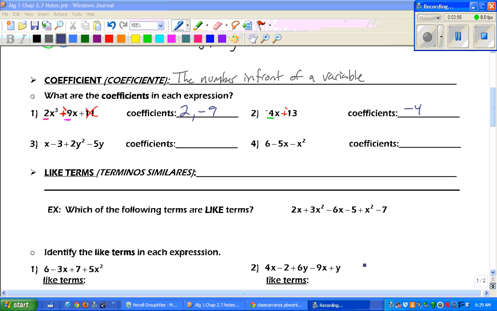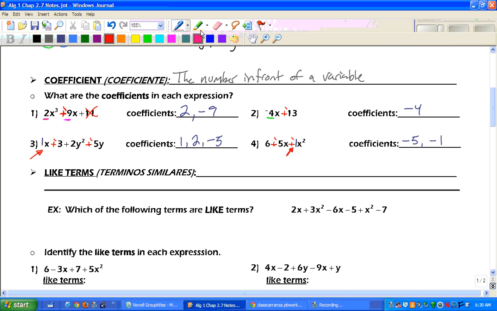All right, go ahead and try 3 and 4. Pause the video. And there you go. Now, did you guys see the hidden coefficient with those guys right there? Remember, if there's no number in front, there's always a hidden 1.